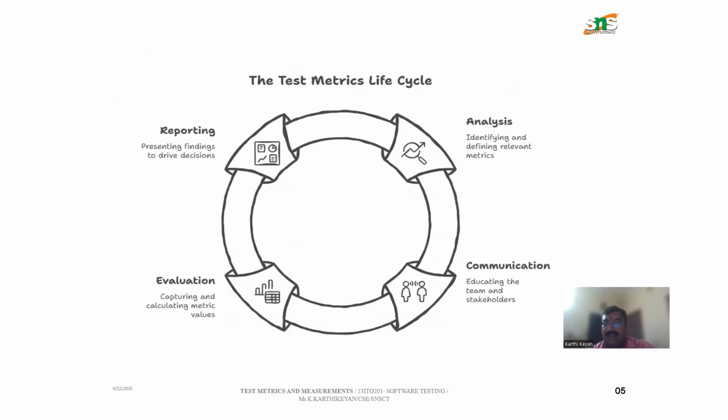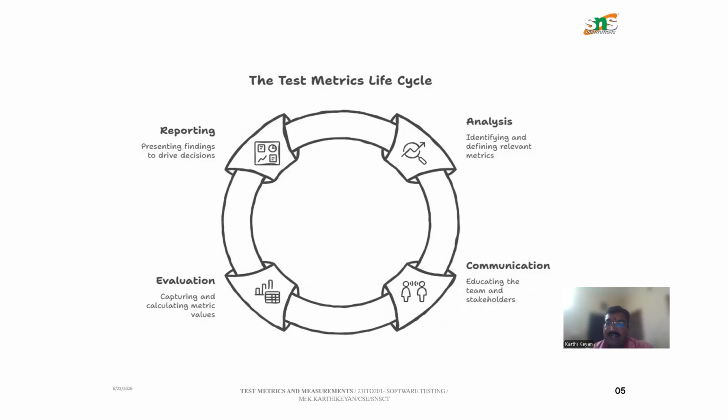The test metrics life cycle is based on analysis, communication, evaluation, and reporting. Analysis: identifying and defining relevant metrics. Communication: educating the team and stakeholders. Evaluation: capture and calculate metric values. Reporting: presenting findings, driving decision making. Once you analyze your product, you can define relevant metrics easily and customize for your stakeholders.